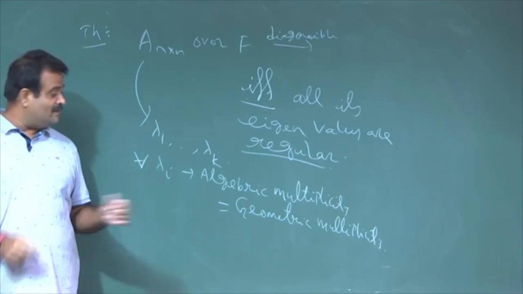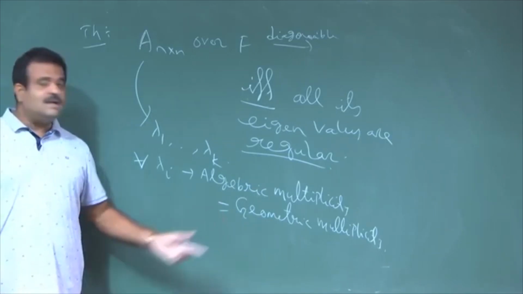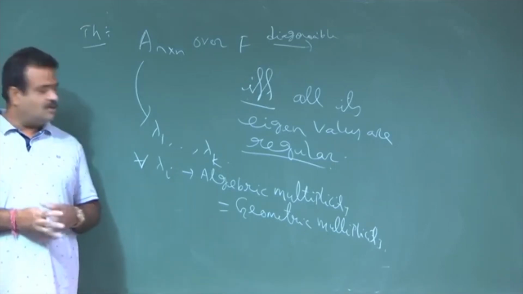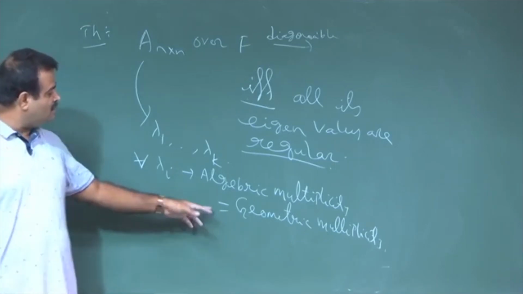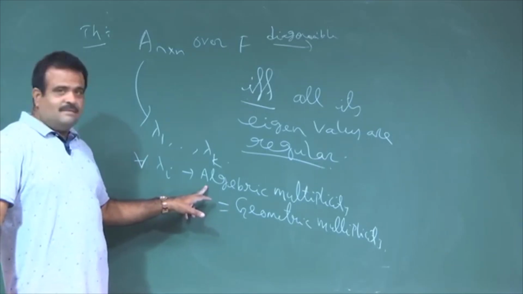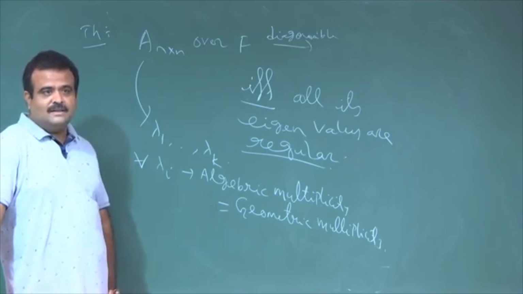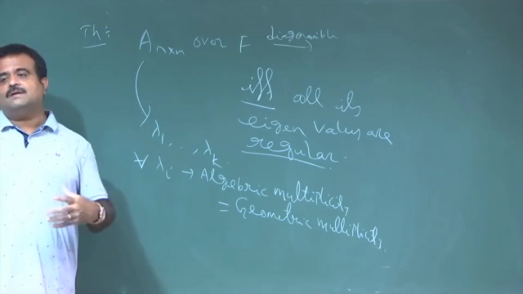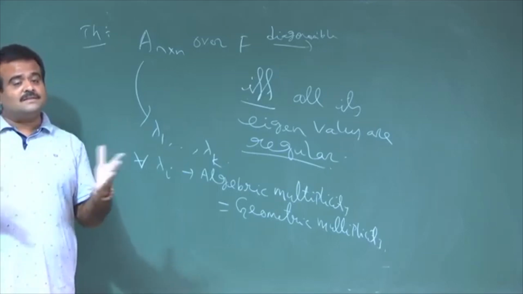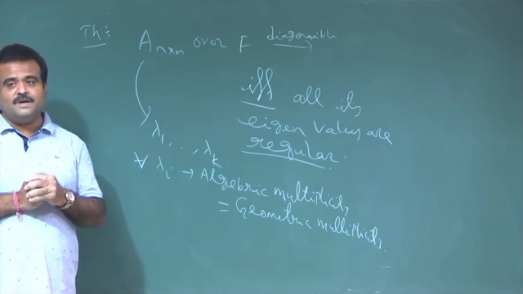That means the number of linearly independent vectors in that set. If the number of linearly independent vectors in that set is the same as the algebraic multiplicity, then that means if we combine all the eigenvalues, we have n such linearly independent eigenvectors.